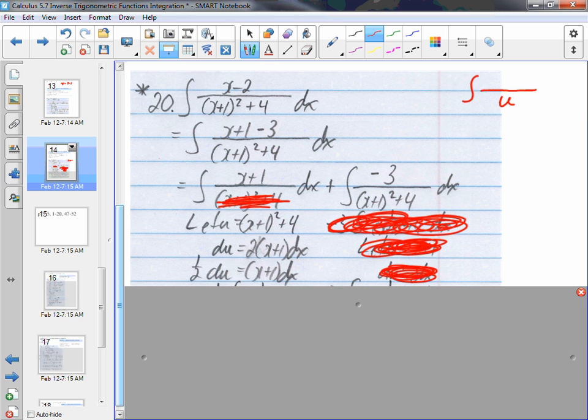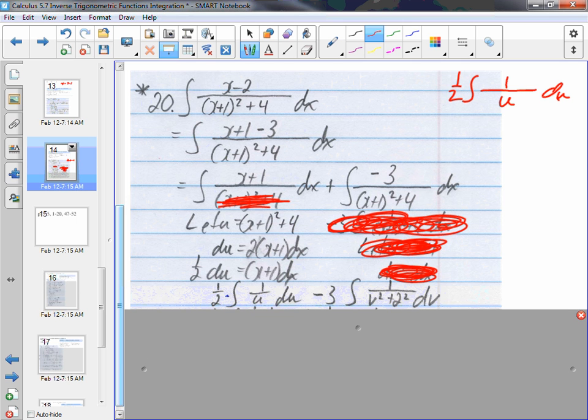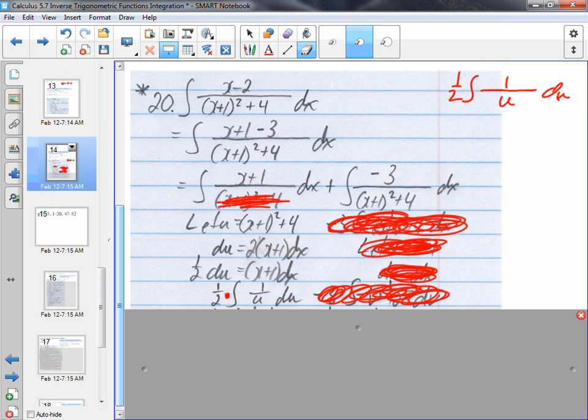Our x plus 1 dx is replaced with 1/2 du. Can't leave a blank space, so put a times 1 in there. That's our new integral. It can be multiplication, that's fine. That doesn't hurt.